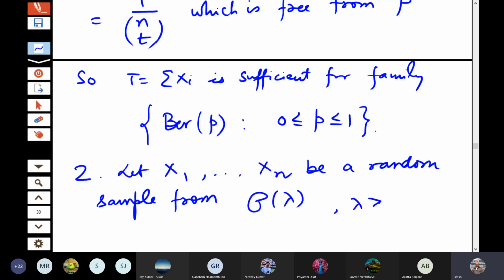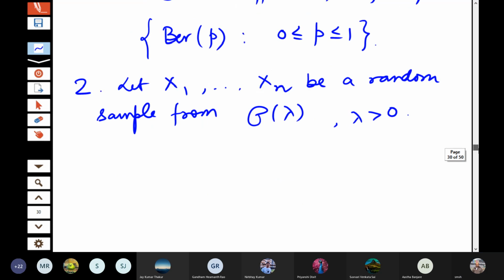Lambda is positive. So what does it denote? X1 denotes the number of occurrences in a Poisson process. X2 denotes the number of occurrences in a Poisson process. I have taken lambda here, so lambda t I am not writing, but it is understood. It could be the number of incidents, number of arrivals, and so on.